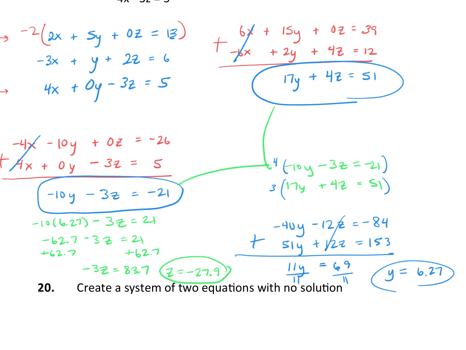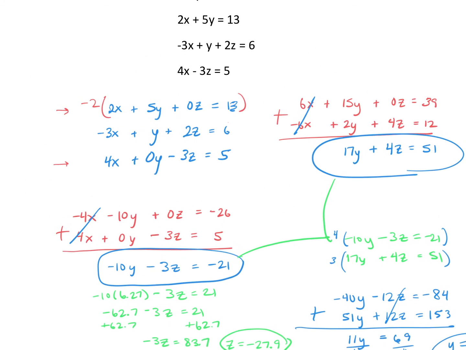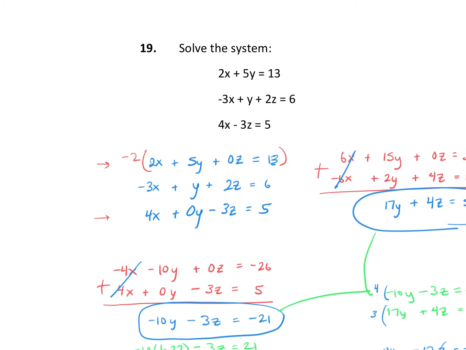To get the x, we have to go all the way back to an equation that has an x, which would be one of these starting equations. Honestly, any of these that you want to plug into is fine. Maybe I'll pick this bottom one, 4x plus 0y minus 3z.